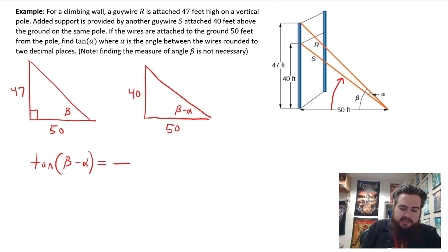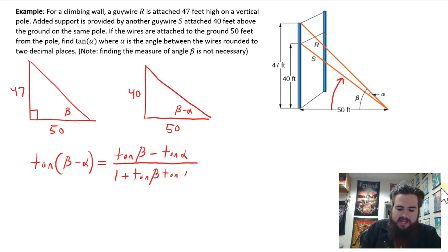Tangent of beta minus alpha from the tangent difference identity would be tangent of beta minus tangent of alpha divided by 1 plus tangent of beta times tangent of alpha.